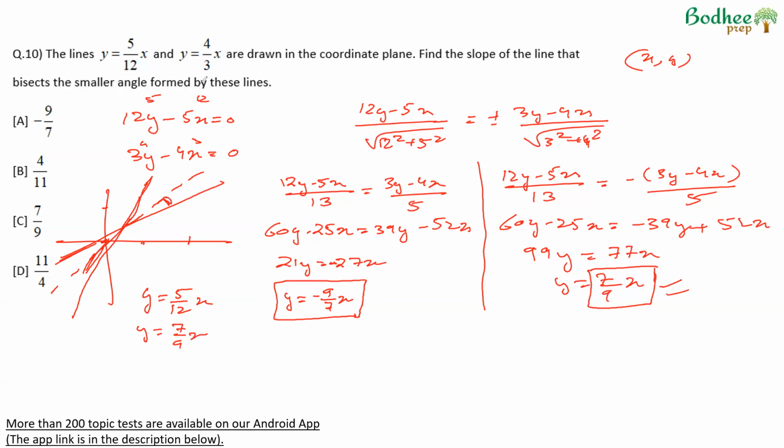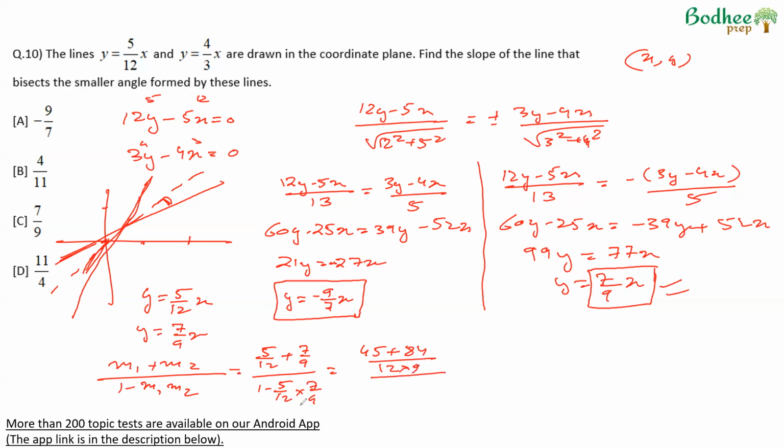The angle between these two, the slope between them will be m1 plus m2 upon 1 minus m1 m2, which is 5 by 12 plus 7 by 9 upon 1 minus 5 by 12 into 7 by 9, which becomes 45 plus 84 upon 12 into 9, that is 108 minus 35 by 108.